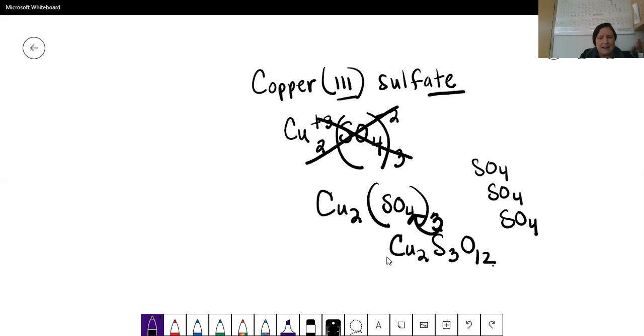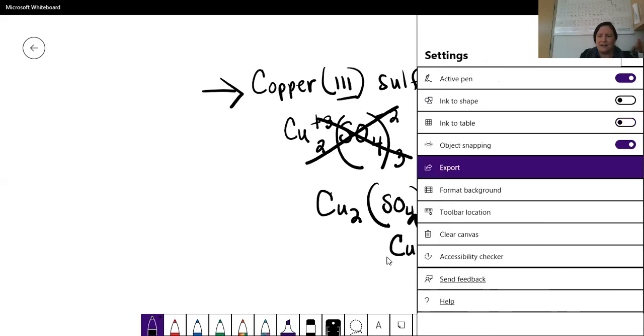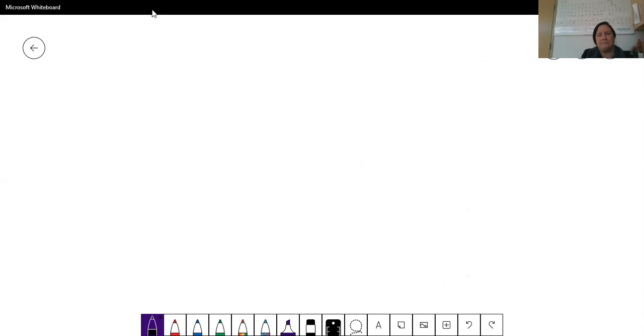So let's see how many atoms are in 1 unit of copper 3 sulfate. 12, 3 is 15, 2 more is 17 atoms make up 1 unit of copper 3 sulfate. Exciting. Okay, let's do more.